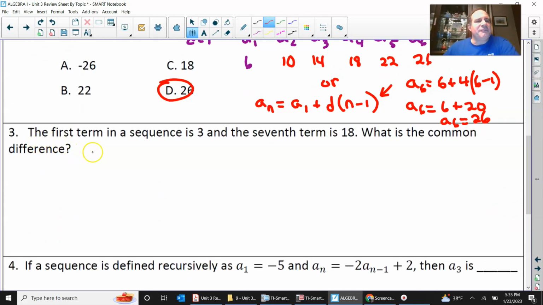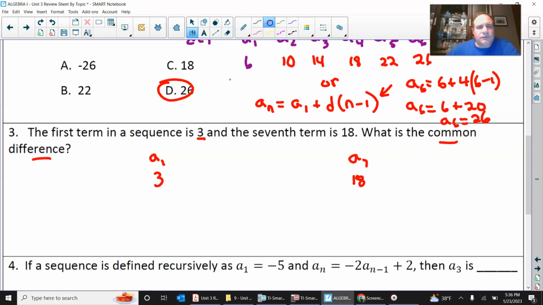All right, so the first term in the sequence is 3, so a sub 1 is 3. The seventh term is 18. We're going to put it all the way over here. What is the common difference? So we got a sub 2, a sub 3, a sub 4, a sub 5, a sub 6, and a sub 7.